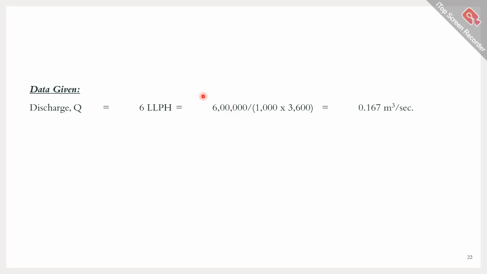If you divide 6 lakhs by 1000, it will give you meter cube, which is 600 meter cubes per hour. Divided by 3600 seconds, it gives you the meter cube per second: 0.167 meter cube per second.